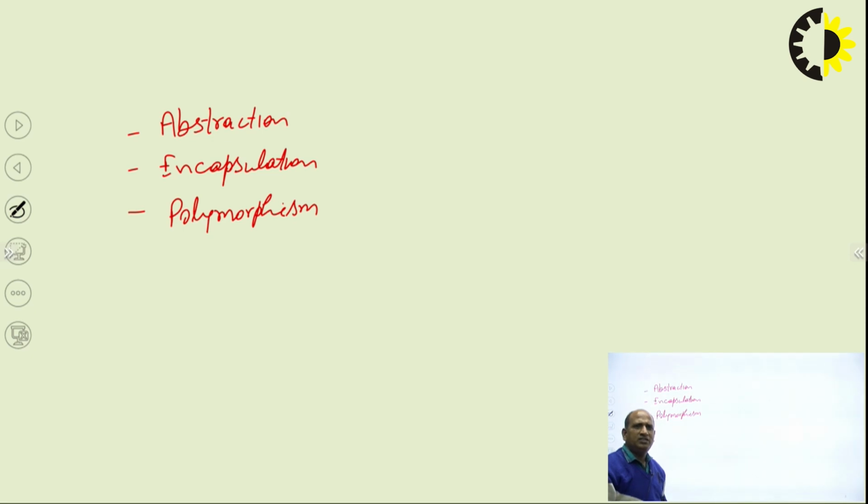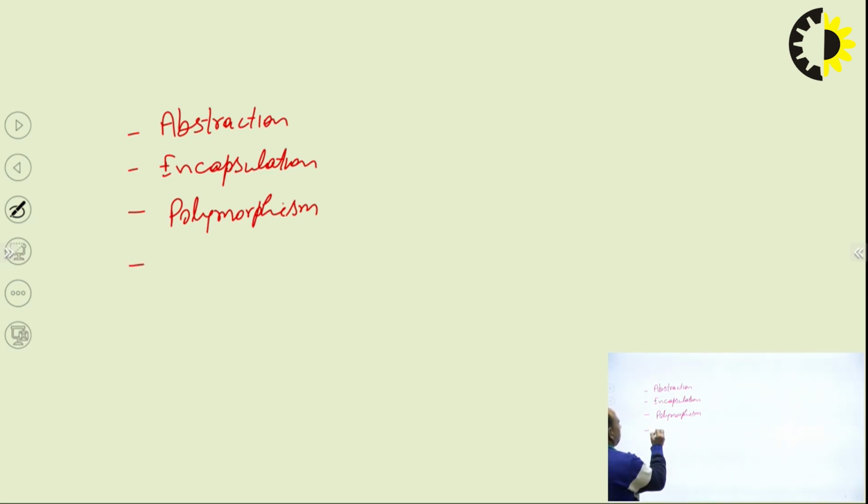We can understand it by an example: when the plus operator is applied between two numbers, it adds them, and when it is applied between two strings, it concatenates them. So the plus is showing different behavior at different places, which means it shows a polymorphic behavior.